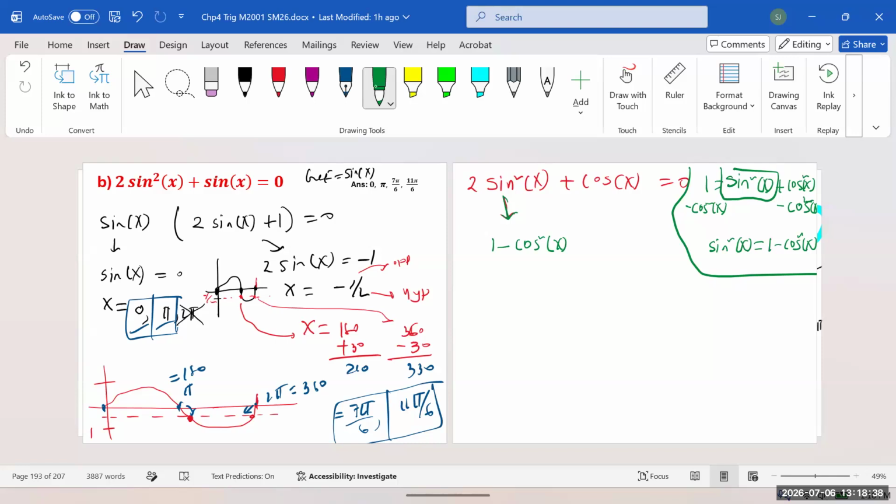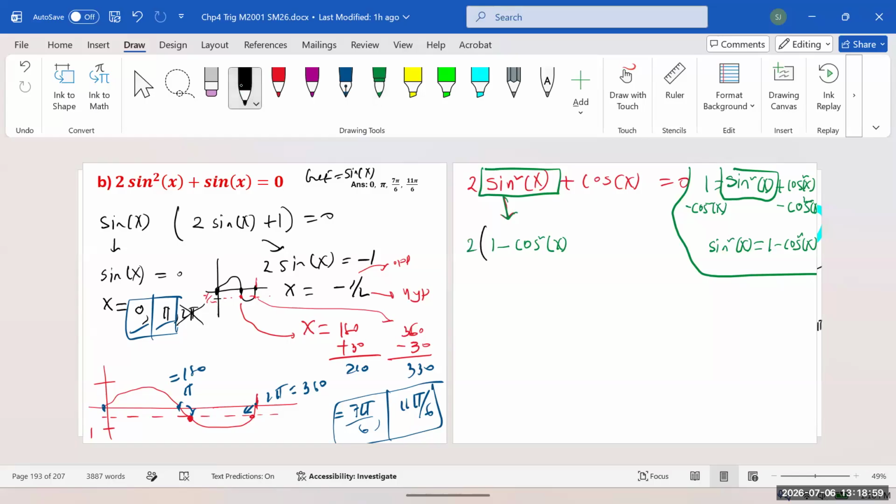Exactly. So subtract cosine square from both sides from the identity. So what is sine square? Exactly. So instead of writing sine square, write 1 minus cosine square.